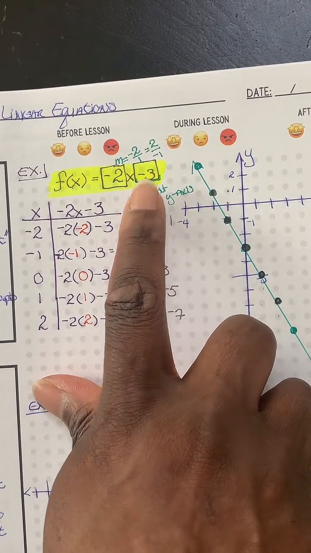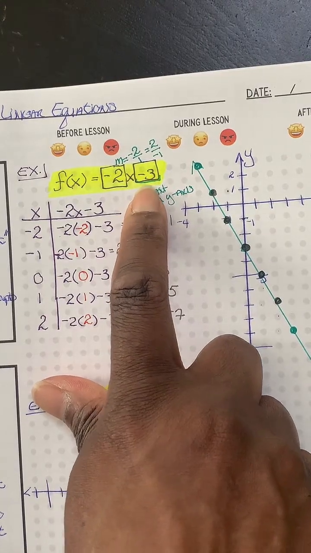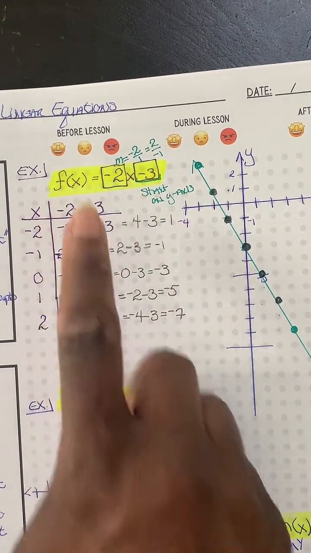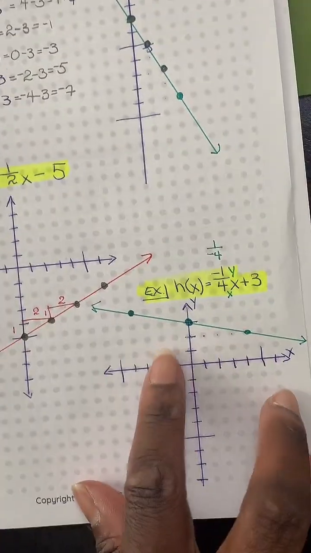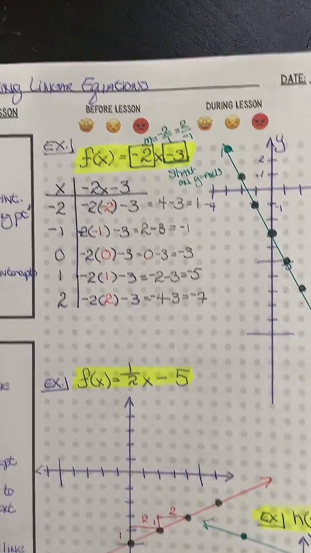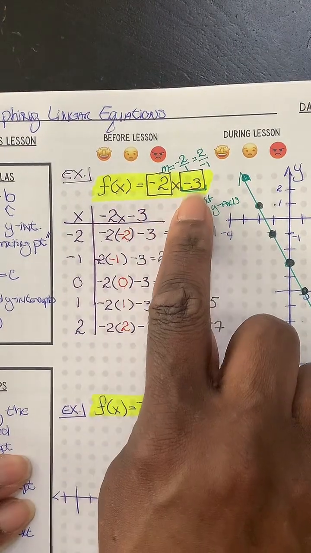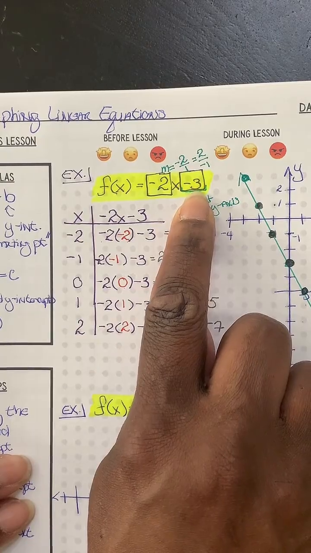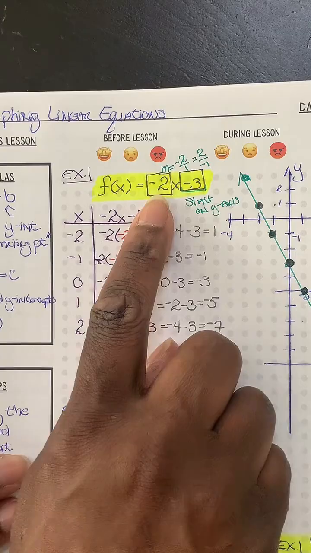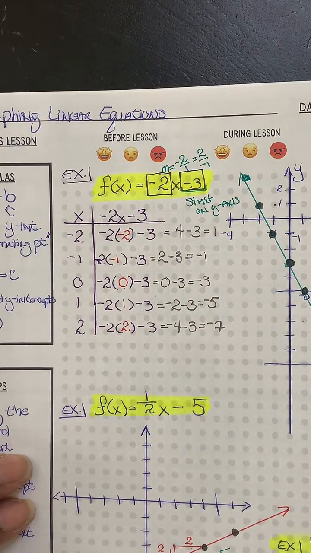So if we come over here, it's always going to be your constant. This is where you start. Okay, so in slope-intercept form, that means you have your f of x or you have your h of x like we have down here. No matter what, you're going to start at your y-intercept, the constant that doesn't have an x or a y next to it. Then you're going to use your slope to graph the next line.